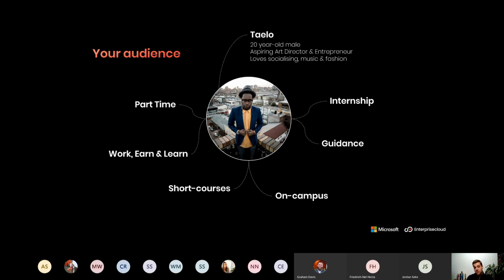And he might, through all of this, be a perfect candidate for some internship. And so it's not just about him, it's also about other stakeholders in your institution. We've got business coming to us saying, we want candidates coming out of university. We've got some BEE targets to meet in terms of growth and education.